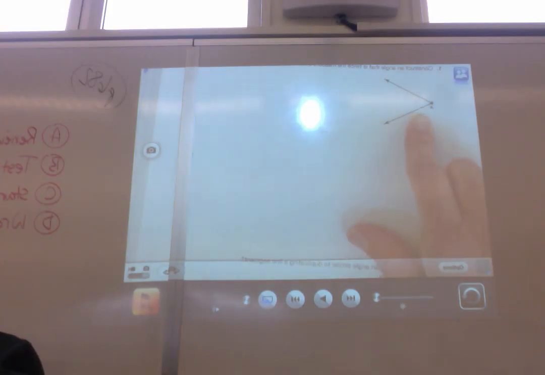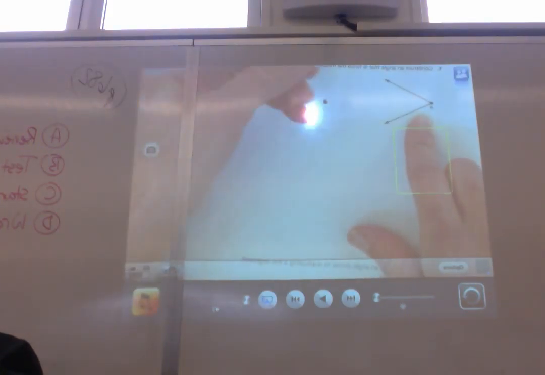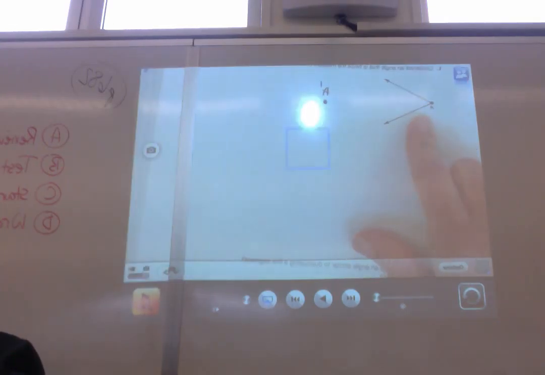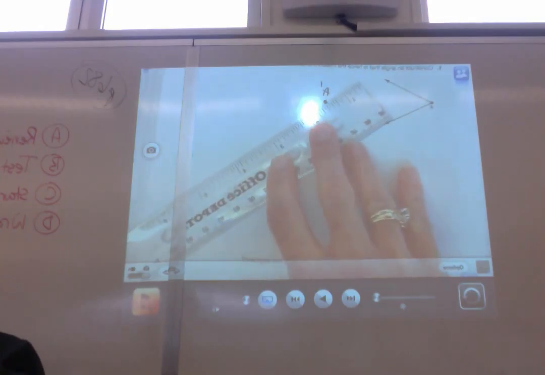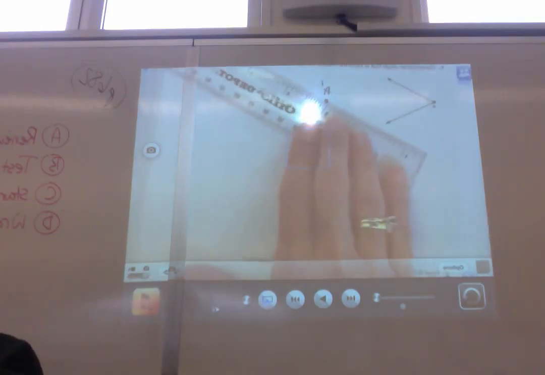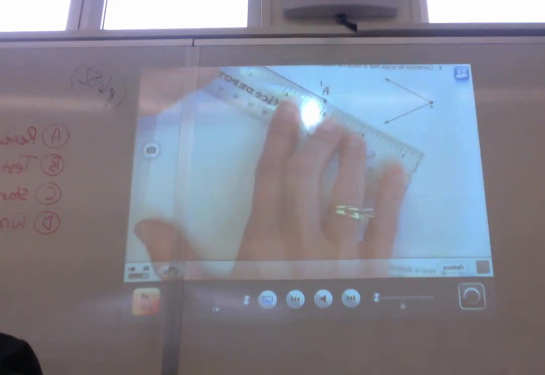So first, give yourself a point, A prime. Then we're going to make the bottom ray first. Actually, let's make the top ray first.